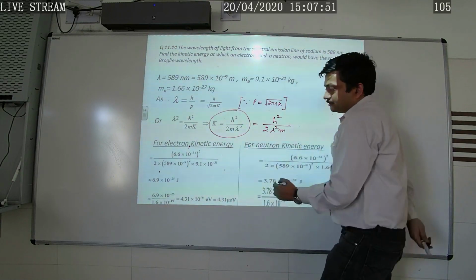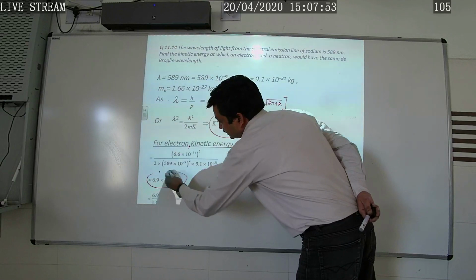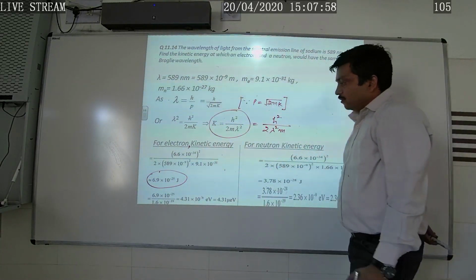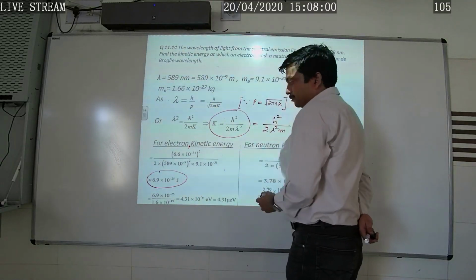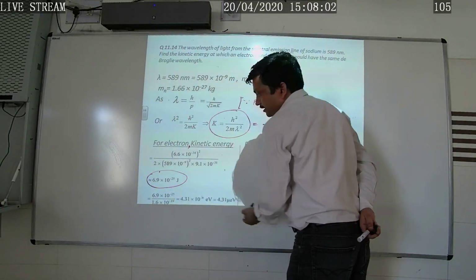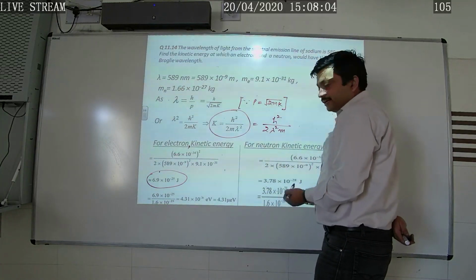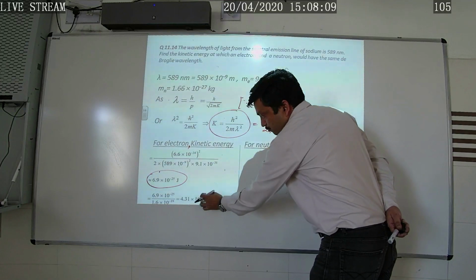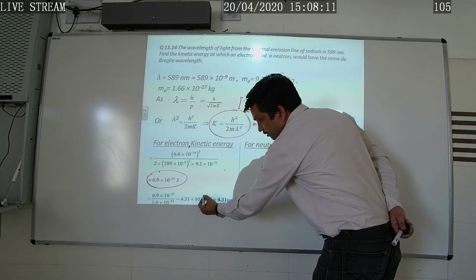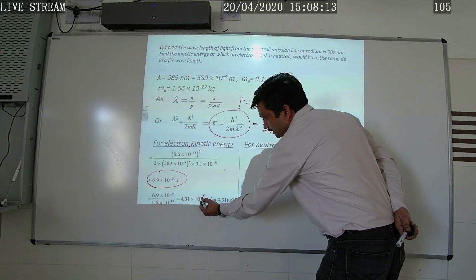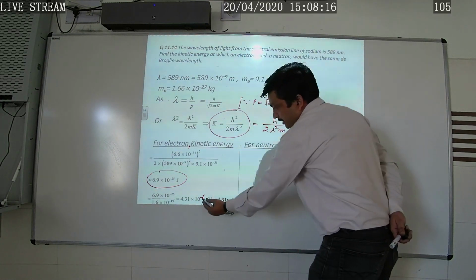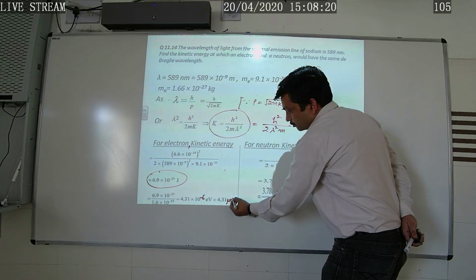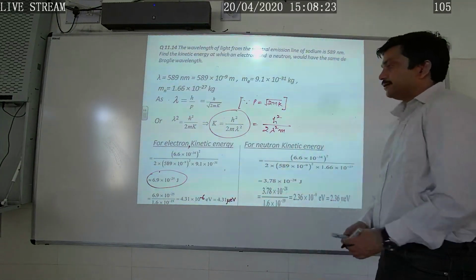After calculating it, we got the value in terms of energy as 6.9 into 10 to the power minus 25 joule. Now in order to convert it into electron volt, we simply divide it by 1.6 into 10 to the power minus 19. After dividing, we got the value 4.31 into 10 to the power minus 6 electron volt, and 10 to the power minus 6 is nothing but micro, so 4.31 micro electron volt will be the required answer.